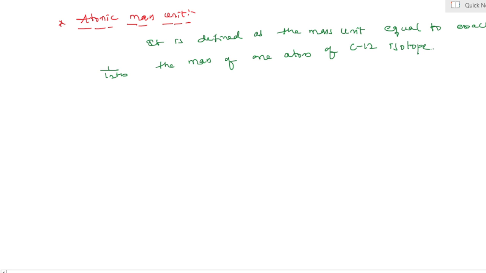That is termed the atomic mass unit. It is measured in terms of small letter u, which means unified mass.